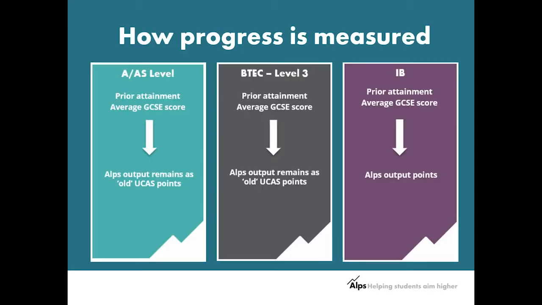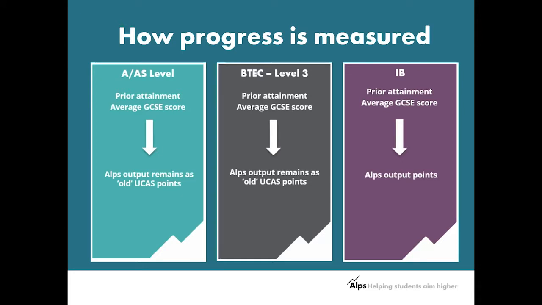Okay, so it's progress. We've got to have a start point and an end point. At each of those post-16 qualifications, the start point is the prior attainment at GCSE. The output point is the old UCAS points for A-level, AS and BTEC.